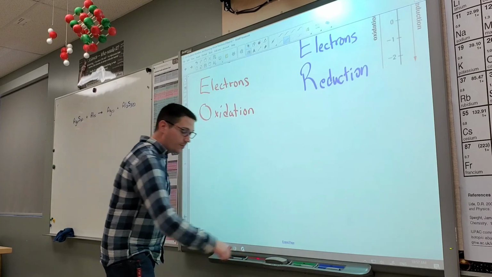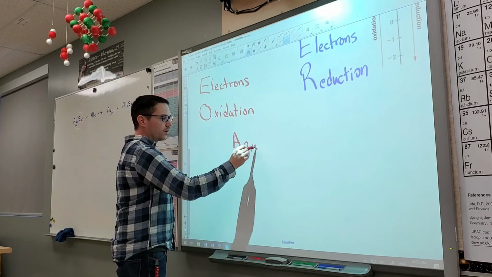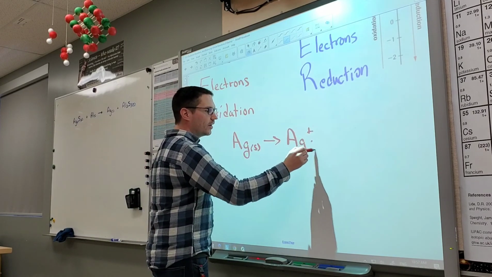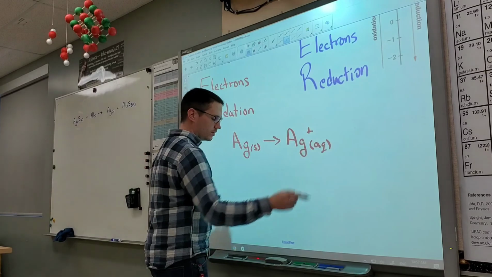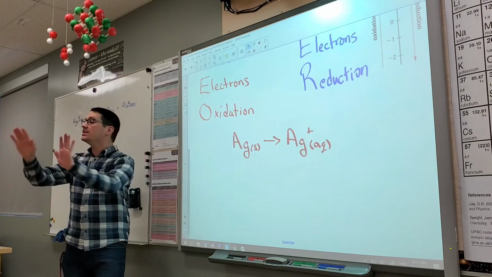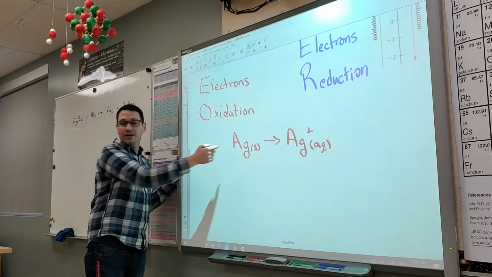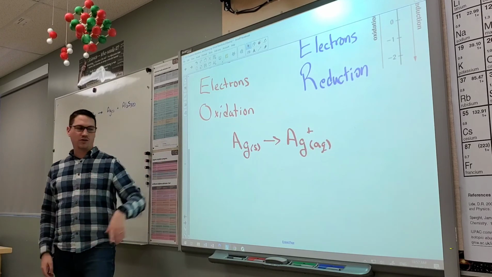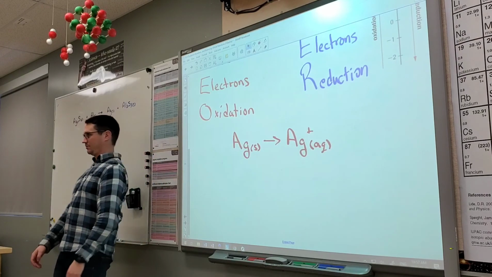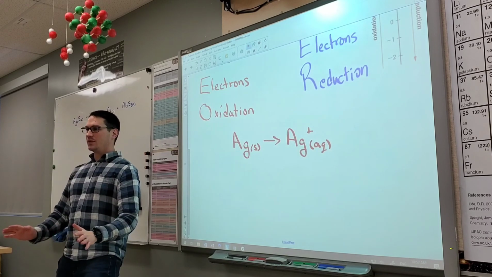For example, if I have silver that turns into silver ions, did the silver that we started with gain or lose electrons by turning into silver ions? What do you think?